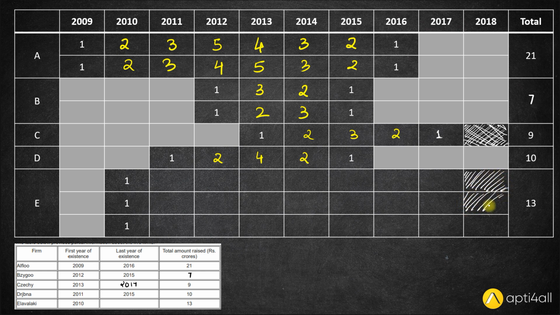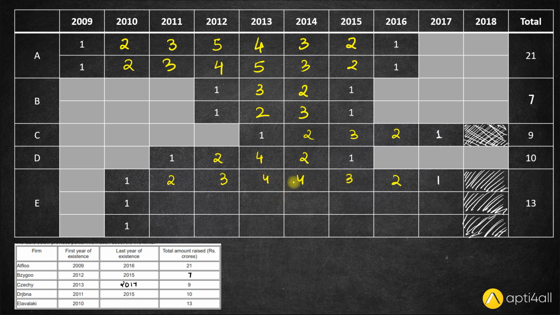Okay, fine. Let's see, can the company be functional till 2017 at least? That means, can its last year of existence be 17? If its last year of existence is 17, then it will raise 1 crore in 17. Now let's calculate the minimum possible amount it can raise from 10 to 17. This will be minimum 2, minimum 2, 3, 3, minimum 4, minimum 4.